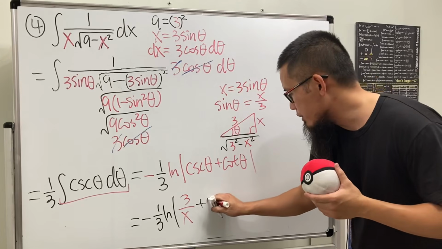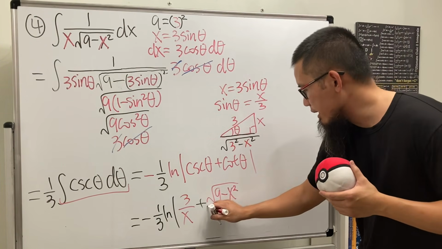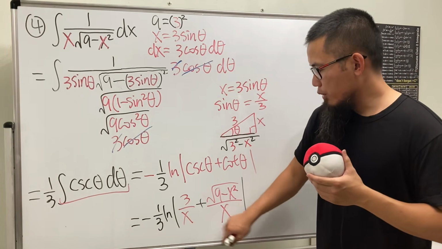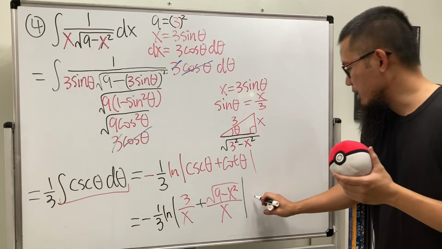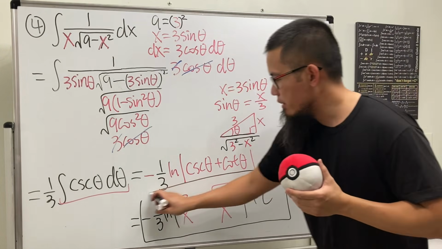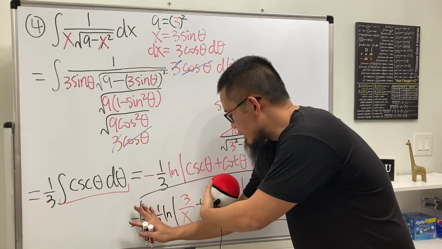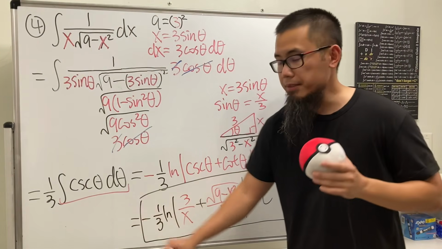And this right here is just square root of 9 minus x squared and then over x. So that's pretty much it. Of course, you can also combine the x together and things like that, but I will just leave the answer like this. So put on the plus C. This right here is it. Again, you might see people just have the negative right here instead of on the outside. Again, same thing, all right?